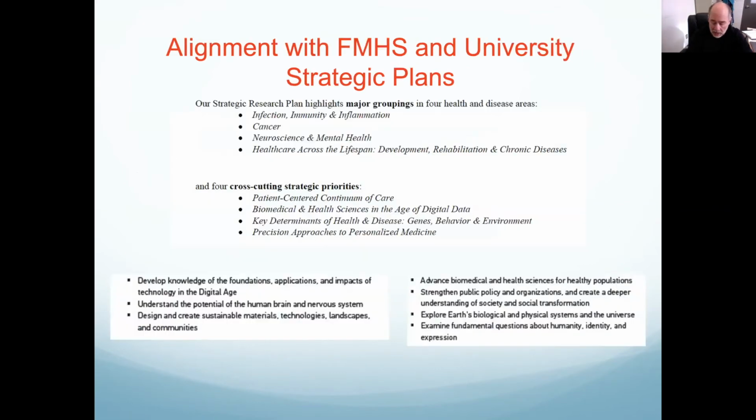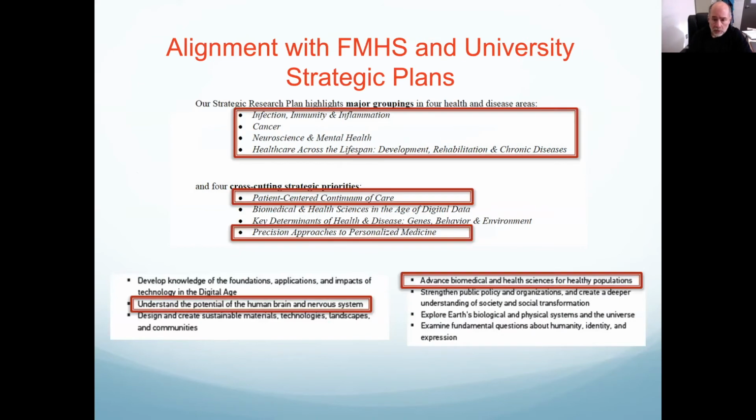If you think about it, as I've had to now because they gave me this job, it does align well with both the Faculty of Medicine and Health Science and the university's strategic plans, right? All of these diseases are healthcare across a lifespan: infection, inflammation, cancer, neuroscience. Our researchers are involved in that.